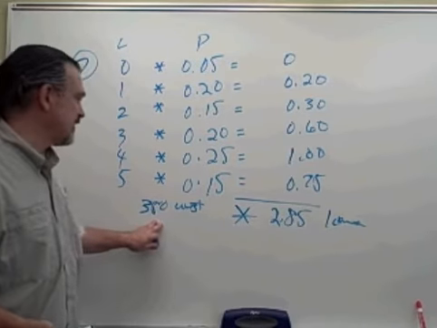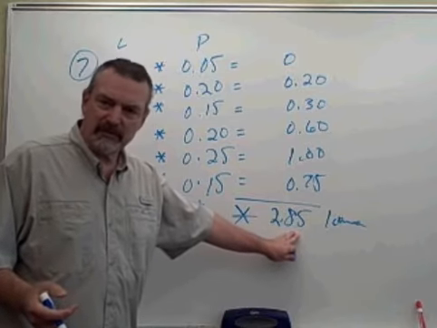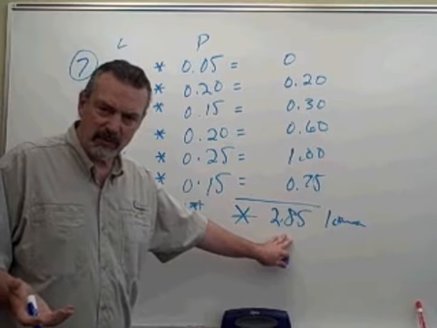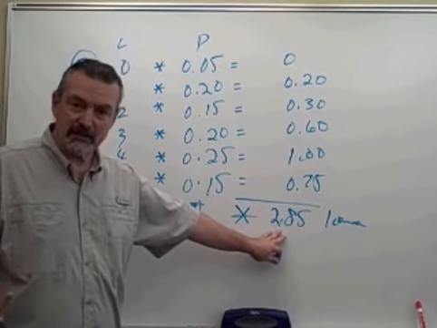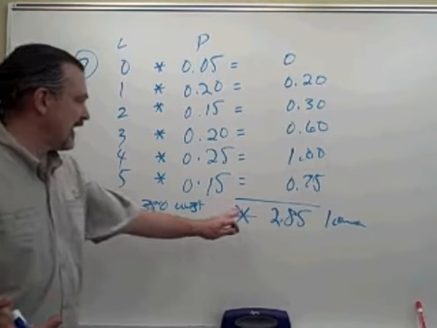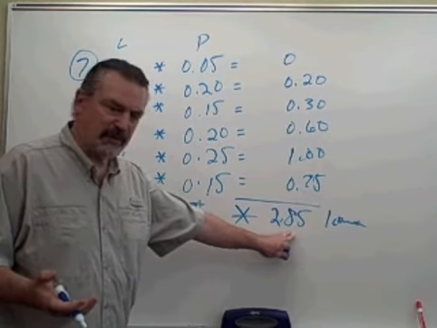If you had 380 customers and the average number of loaves of bread they bought was 4, wouldn't it make sense to take 380 times 4? Well, just because this is a decimal value doesn't change that approach. The average number of loaves per customer is 2.85.